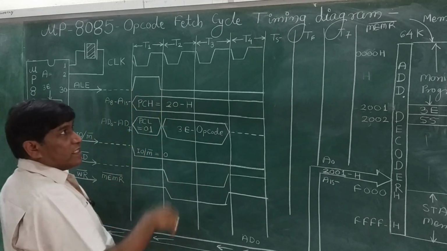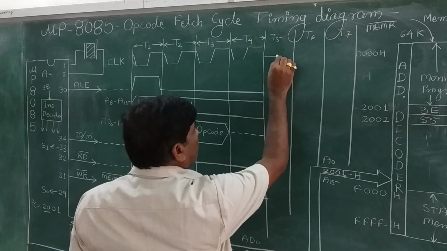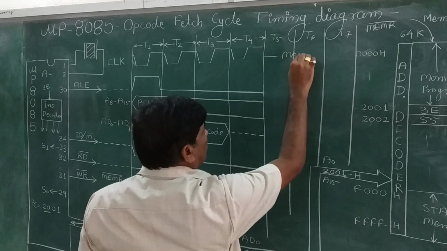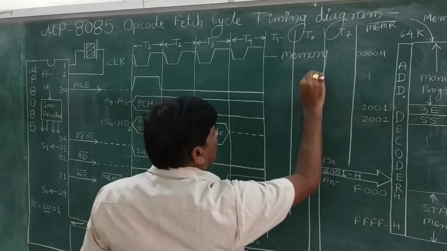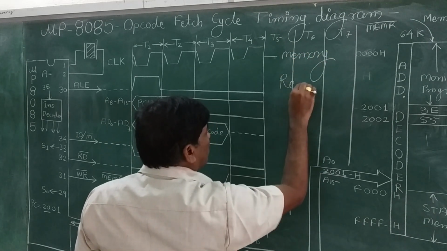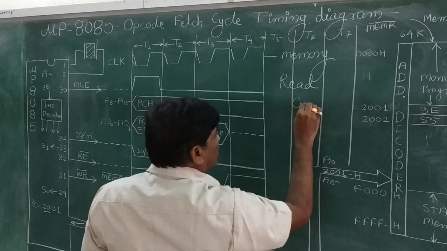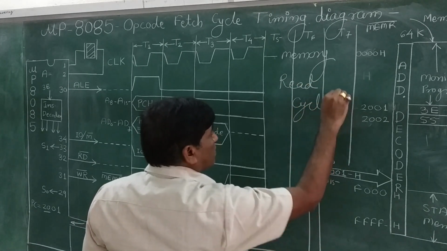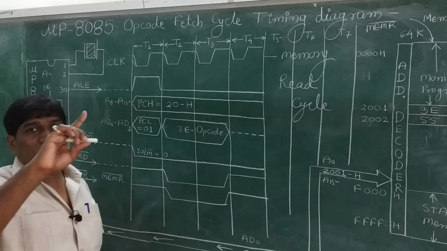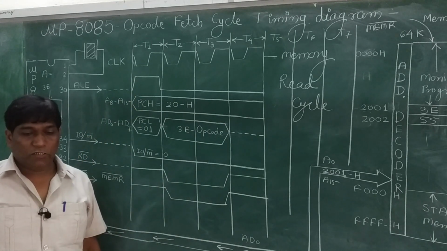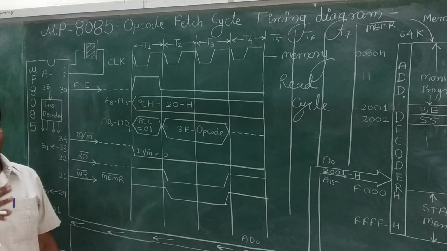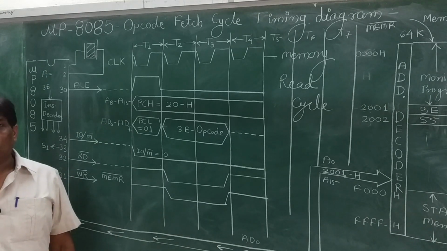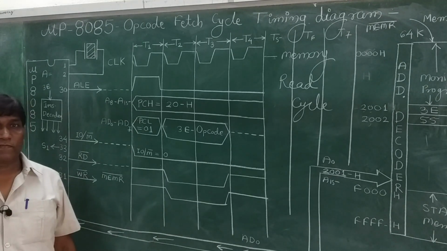Another machine cycle is the memory read cycle, which is basically of 3 T states, which means for implementation of the total instruction cycle, we require 7 T states.